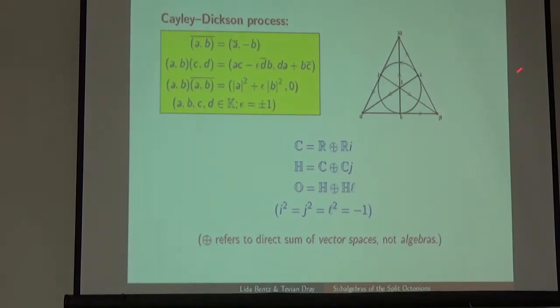And this is an ordered copy of the 7-point projective plane, the Fano plane, showing how to multiply the 7 linearly independent square roots of minus 1, where each of these lines is, of course, like a circle. One of them is shown as a circle. Each of those lines represents a quaternionic subalgebra of the Octonions.